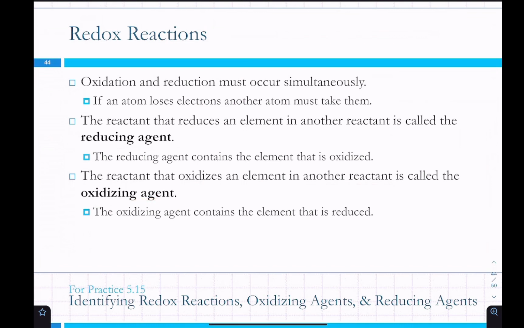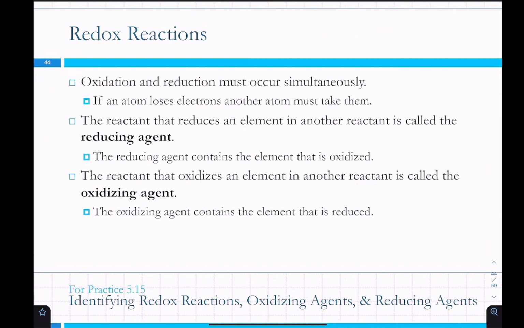Remember, these always have to go hand in hand. So if something is the reducing agent, it's forcing that thing to be reduced. It itself is being oxidized. And that's where a lot of the confusion comes from, because it almost sounds like it's two things at the same time, but they mean opposite things in a sense.